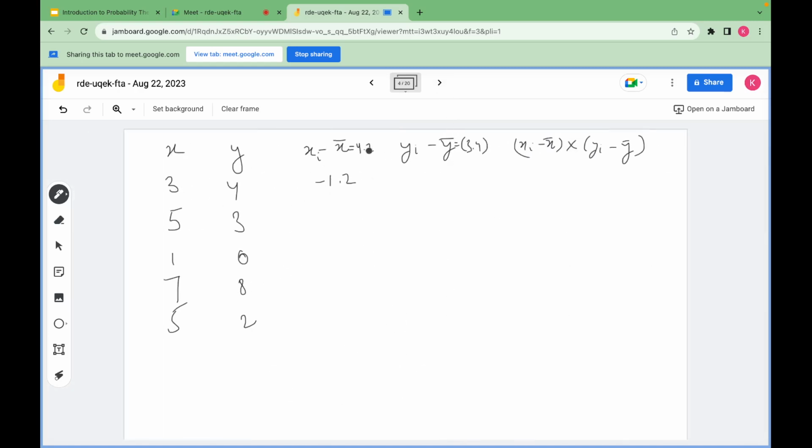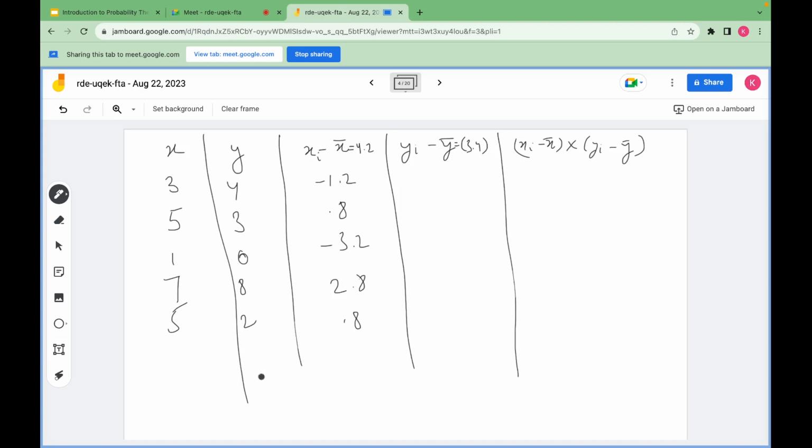So 3 minus 4.2 is minus 1.2, 5 minus 4.2 is 0.8, 1 minus 4.2 is minus 3.2, 7 minus 4.2 is 2.8, and this will be 0.8. These are separate columns. Then 4 minus 3.4 is 0.6, 3 minus 3.4 is minus 0.4, and similarly you find the rest.